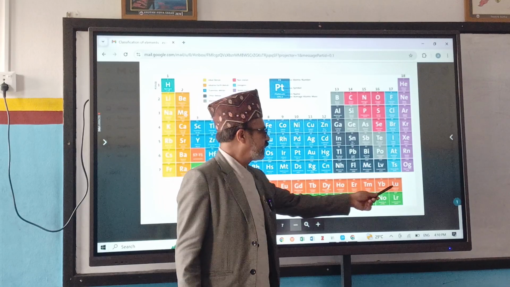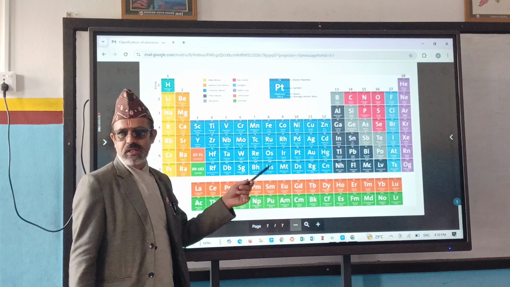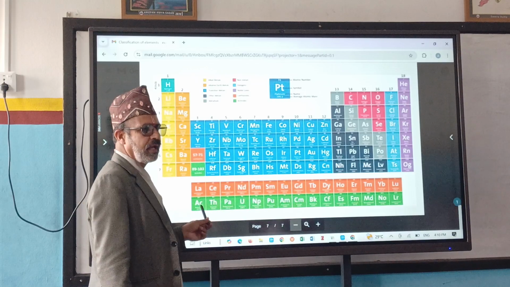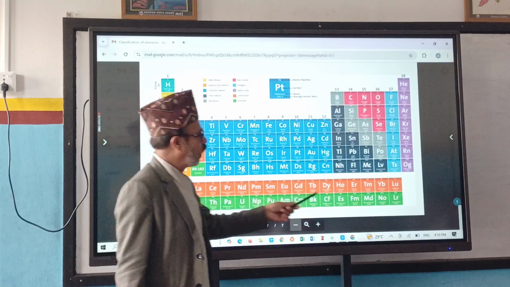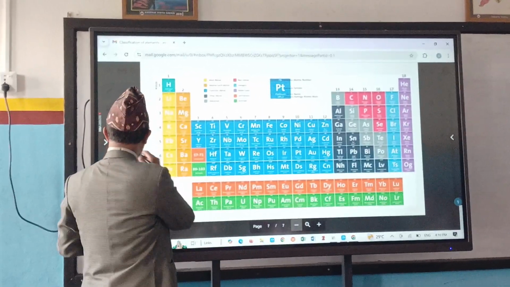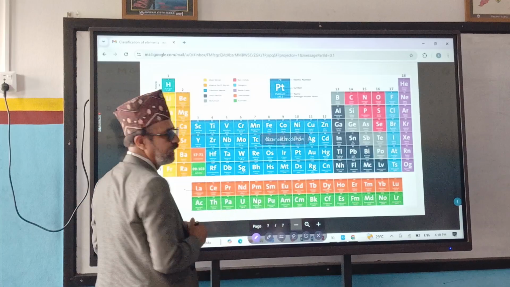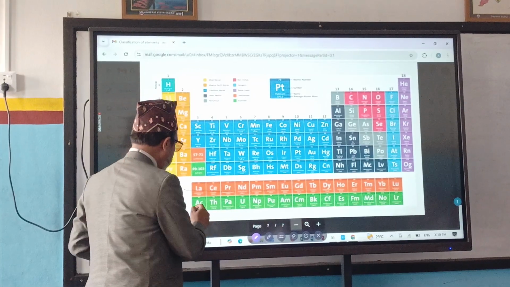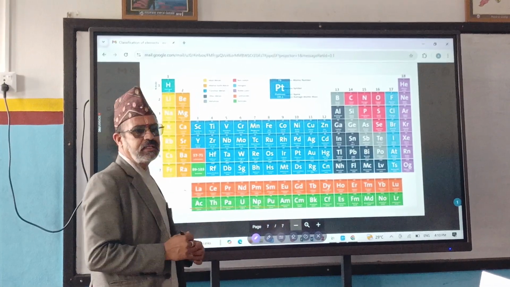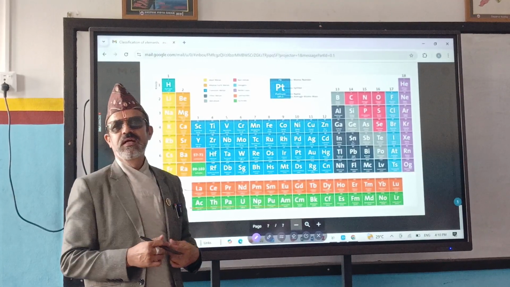Lanthanum to lutetium. And here, actinium to lawrencium. Please make your concept clear on these elements. These are called lanthanides. These are called actinides. Those elements from lanthanum to lutetium are lanthanides.